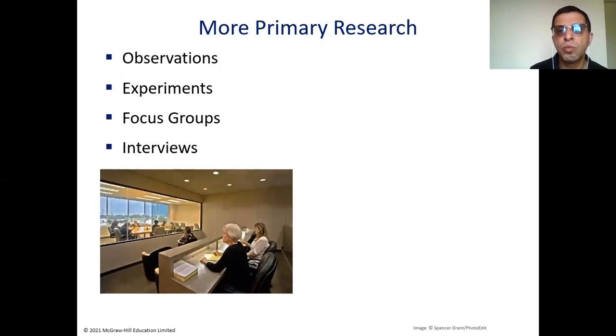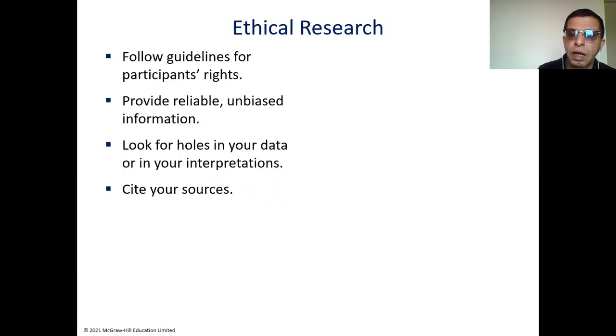Now, more primary research, as we said. This observation can be done: experiment, public experiment, non-public experiment, focus group, interviews you might do. While you're doing these experiments, you have to take ethics into consideration, and there is ethical research.